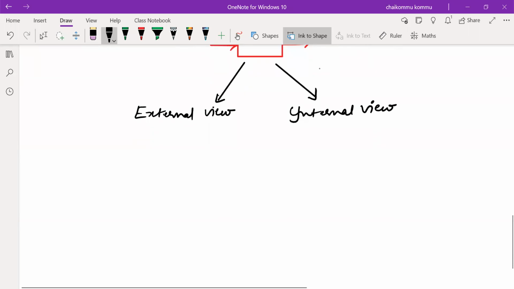So let us consider what the external view is. The external view is nothing but, as all of you know, the inputs and outputs.